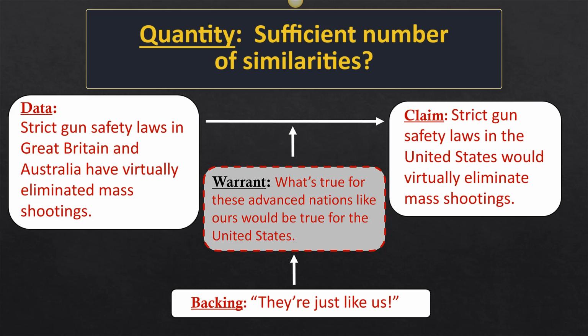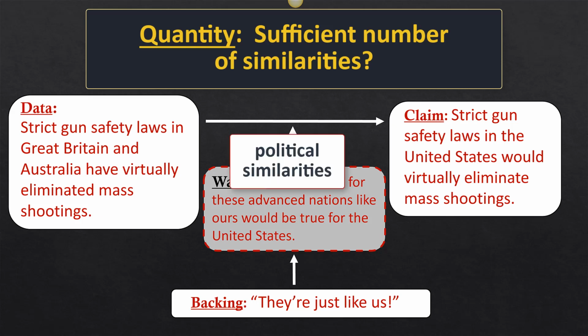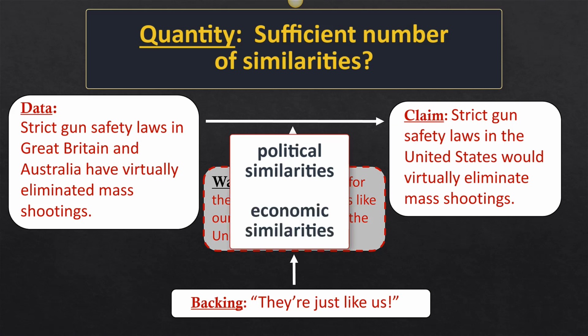So if we think about what's often referred to as advanced nations in contemporary public discourse, we can think, for instance, about political system. All of these nations are representative democratic republics with civil liberties as well as government that's elected of, by, and for the people. In terms of economics and political economy, we are industrial and information economy capitalist systems.